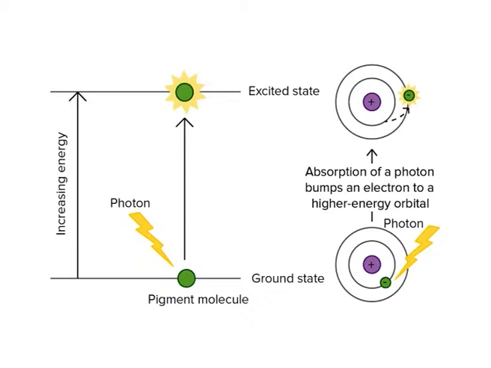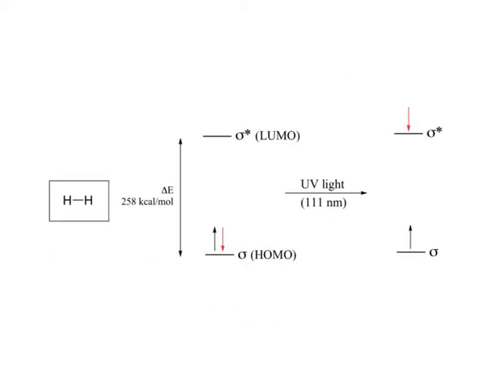In these electronic energy level transitions, the electron from the ground state of the molecule gets excited to a higher electronic state in the molecule. The most probable or common electronic transition is from the highest occupied molecular orbital, that is HOMO, to the lowest unoccupied molecular orbital, called LUMO, in a molecule.